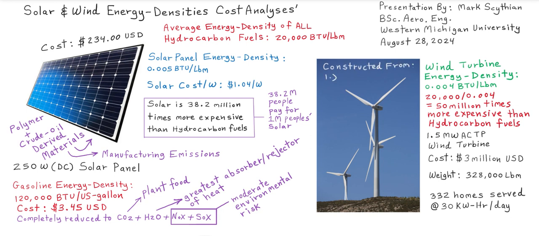And then we have to take into consideration the wind turbine is constructed from steel and from the steel factories and their electrical power grid running mostly off combustion power plants, hydrocarbon combustion power plants. We also have oil derived materials, including the polymers for sure.